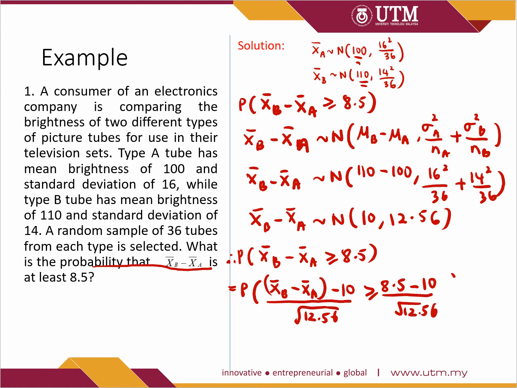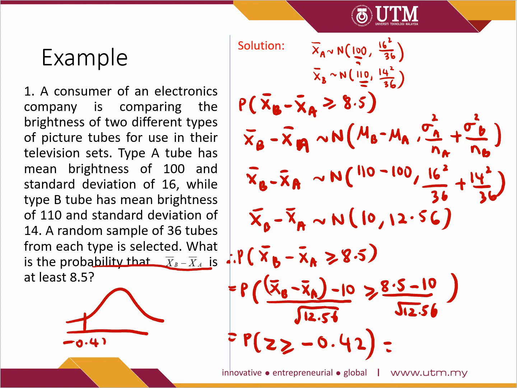So here it would be Z greater than negative 0.42, which is equal to 1 minus the probability of Z less than negative 0.42.